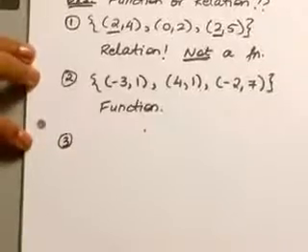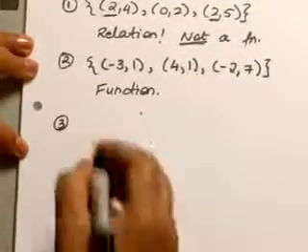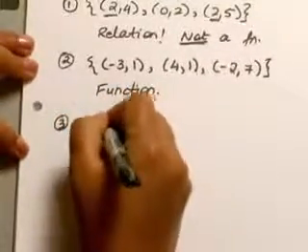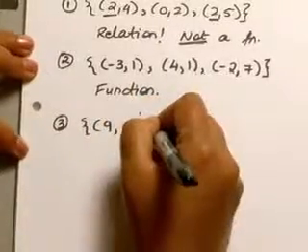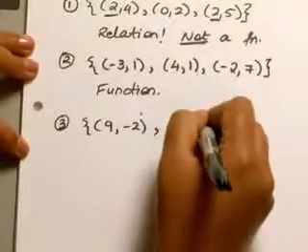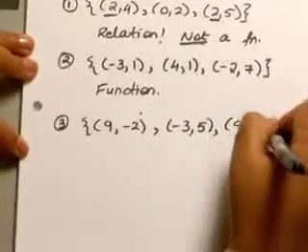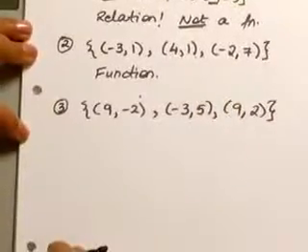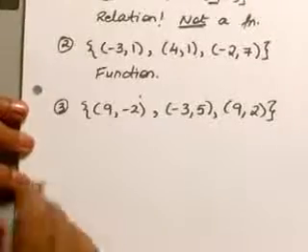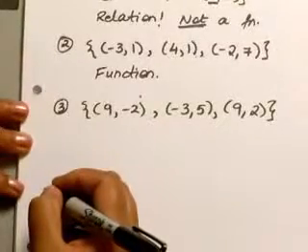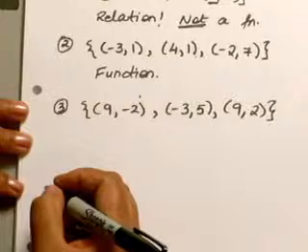All right, let's look at one more example before we move on. You have 9, -2, -3, 5, and you have 9, +2. Now, looking at this set of ordered pairs, can we classify this as a function or a relation?